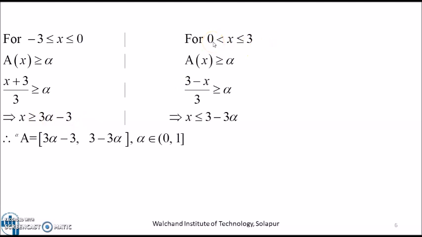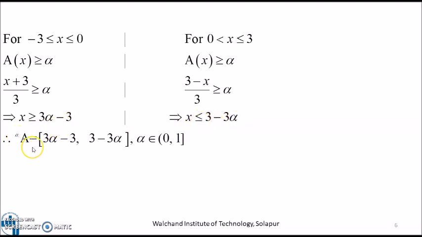The next range for the fuzzy set a is 0 less than x less than or equal to 3. In this range, we want a of x greater than or equal to alpha, and a of x is defined as (3 minus x) upon 3 greater than or equal to alpha. Writing the restriction for x, we get x less than or equal to 3 minus 3 alpha.